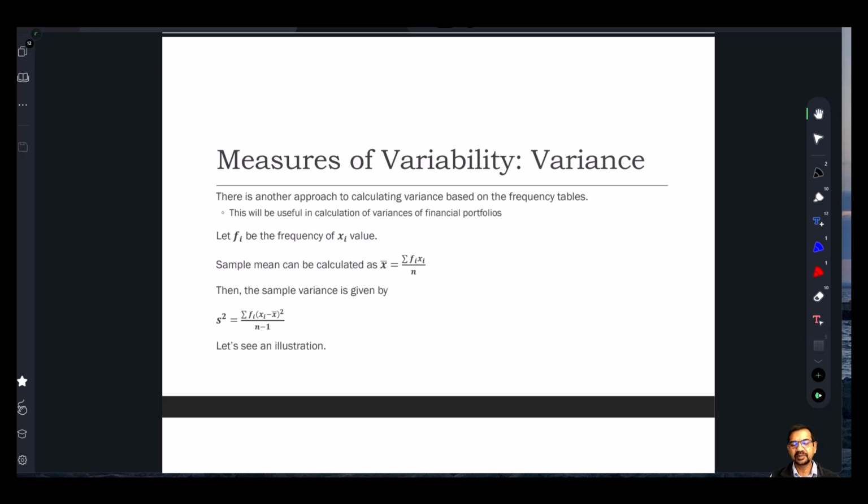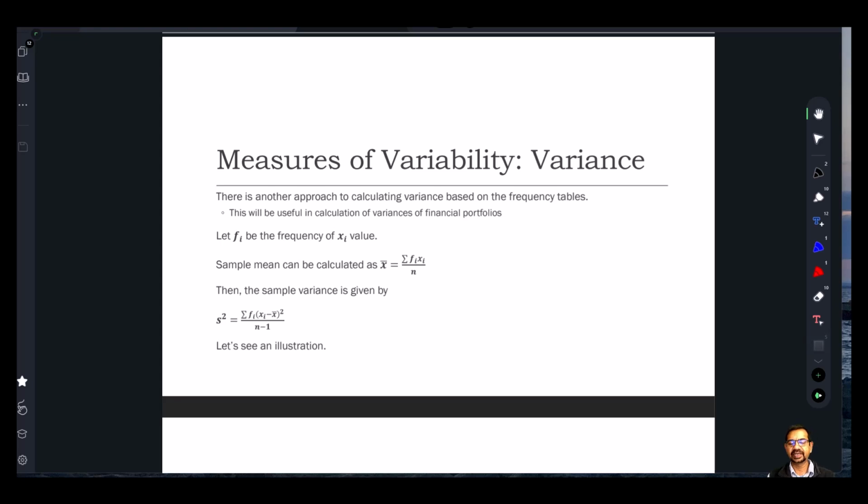But sometimes you may have data in a tabular form or as a frequency table. And the idea of calculating variances and even the mean is very similar, but there is just some slight difference. And this concept is also used in finance, where instead of a series of occurrences, you may be given probabilities of likelihood of a certain outcome happening for a given stock.